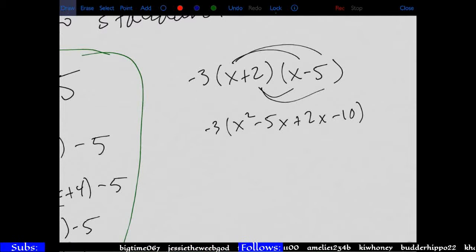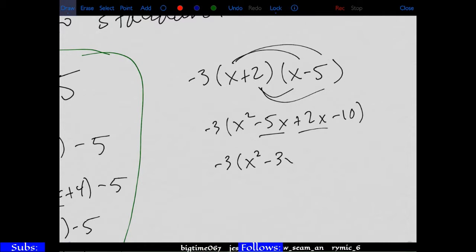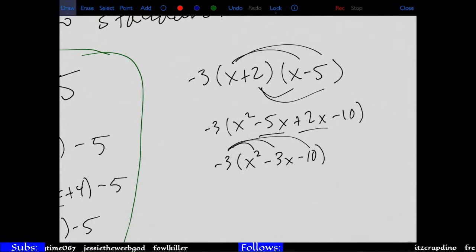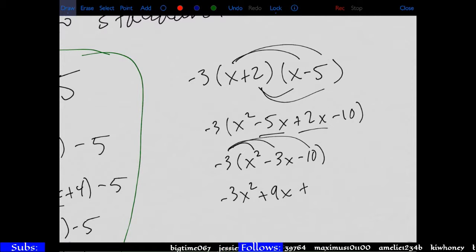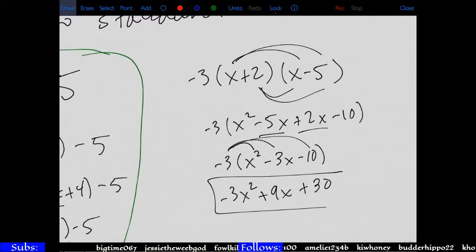And there's that negative 3 in the front. Let's simplify the negative 5x and the 2x. So we get negative 3 times x squared minus 3x minus 10. Then we just have to distribute the negative 3 in. Negative 3x squared plus 9x plus 30. And there's your standard form.